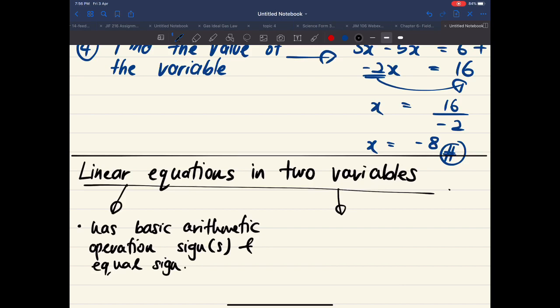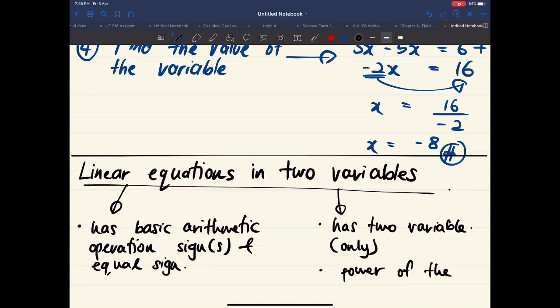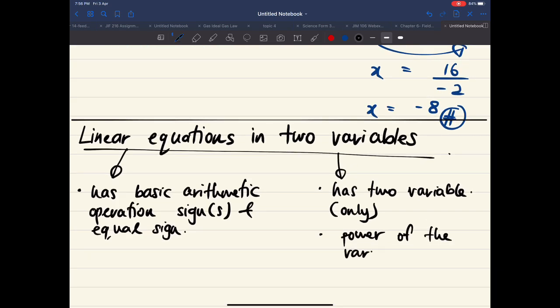Not only that, it has two variables only, and the power of the variable is 1.